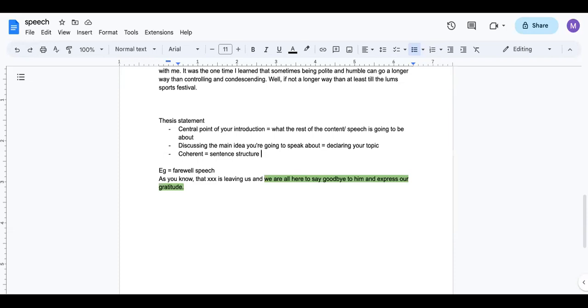When I say, "As you know, XXX is leaving us, and we are all here to say goodbye to him and express our gratitude," this gives a coherent point of view: this is the main theme of my passage, and it grabs the audience's attention because they know what I'm going to be talking about. So they're not clueless. This is a statement that informs your audience of your topic, your plans, etc.